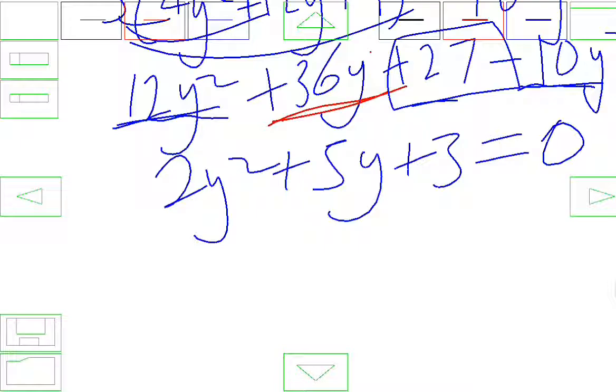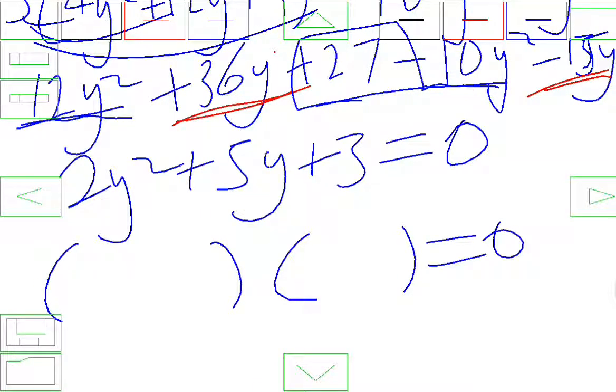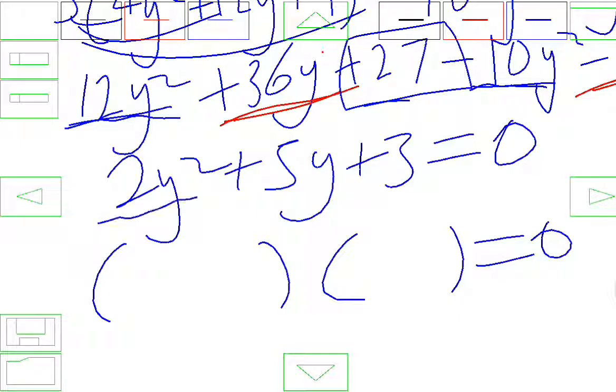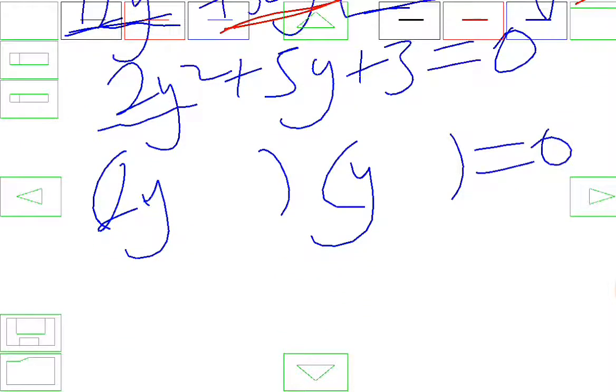And now what we need to do is open up two brackets. Now what will give us the first term? We can say 2y and then y, and then remember we take into consideration 2y.